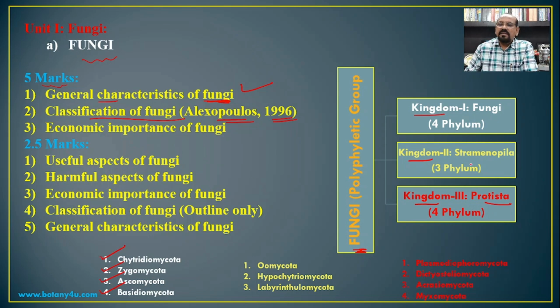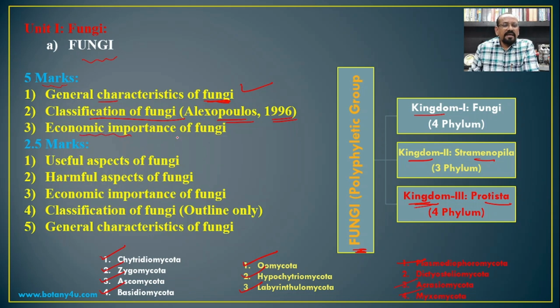The second kingdom, Straminipila, is classified into 3 different phyla: Oomycota, Hyphochytriomycota, and Labyrinthulomycota. And the third, kingdom Protista, is classified into 4 different phyla: Plasmodiophoromycota, Dictyosteliomycota, Acrasiomycota, and Myxomycota. So in this way, we can provide the classification given by Alexopoulos.